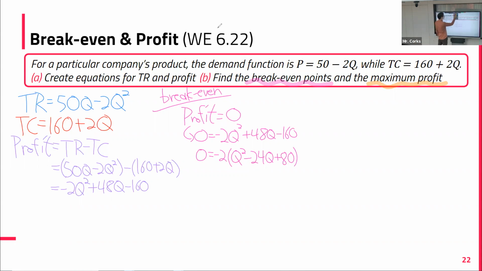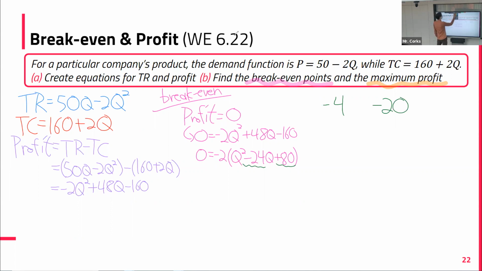And how can we try to solve this thing? Factor? How? Okay, so we can use lots of methods, but our sum product method, we can try that. Do we see two numbers that add to -24, but multiply to +80? -4 and -20, add them together, -24, multiply them, +80.